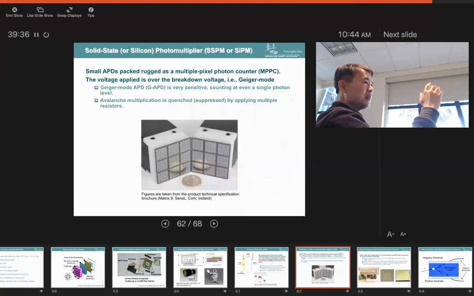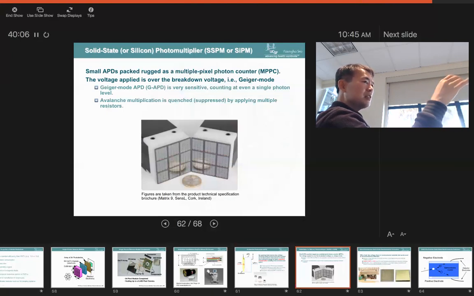So in the past 5 years, basically all the major manufacturers of PET scanners offer SSPM-based PET scanners. It's a little more expensive than PMT-based PET scanners. Same crystal. LSO and LYSO are the main crystals for PET imaging at the moment. Same crystal, but combined with the SSPM is the current state of the art.